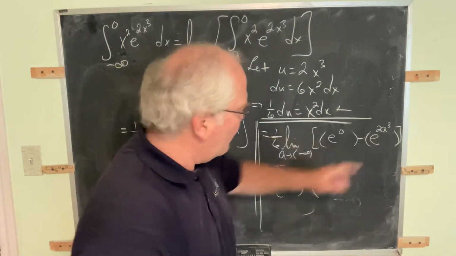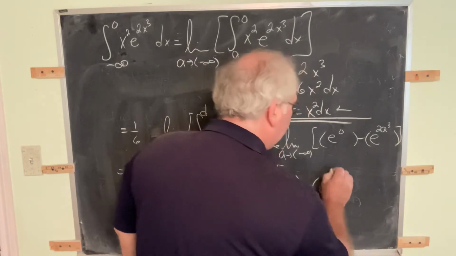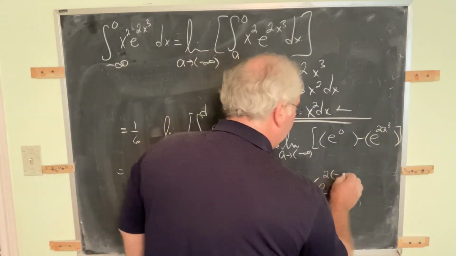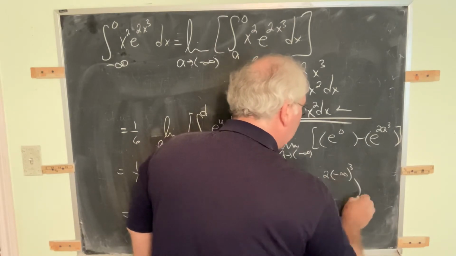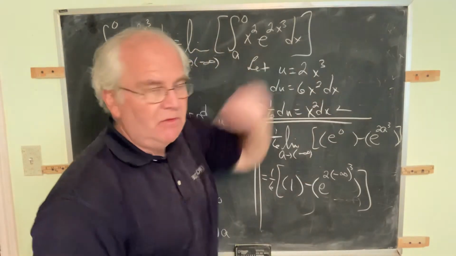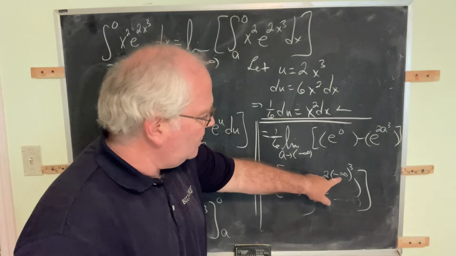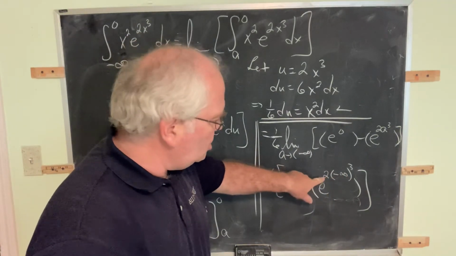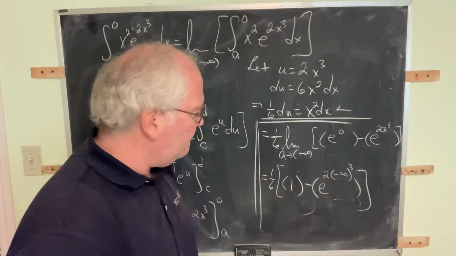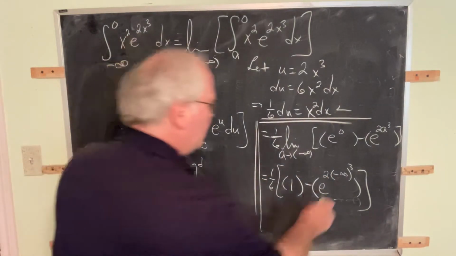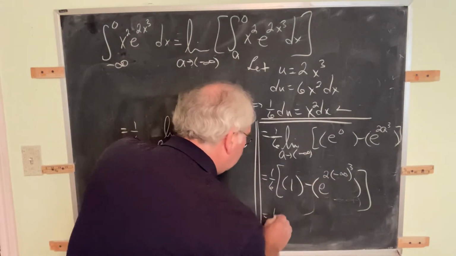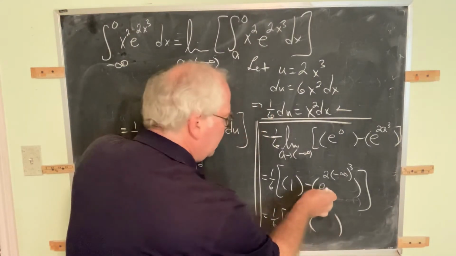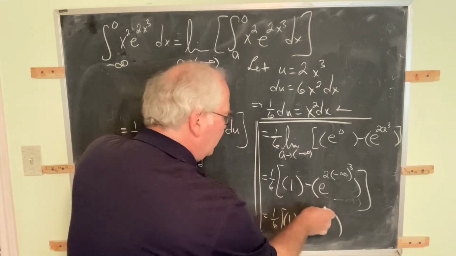And now what do we have? We have e raised to the power 2 times a cubed, and we can think of it in our infinity arithmetic. This is negative infinity cubed, which is why I went through that review at the very start. Negative infinity cubed is still negative infinity, and 2 times negative infinity is still negative infinity. So we could write this as e raised to the negative infinity.